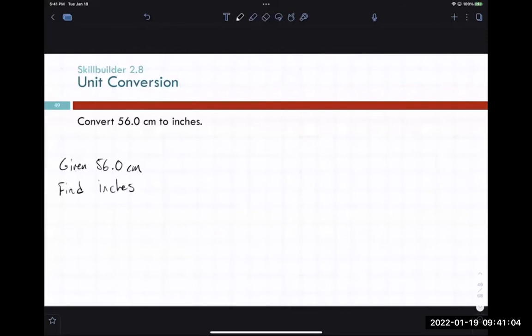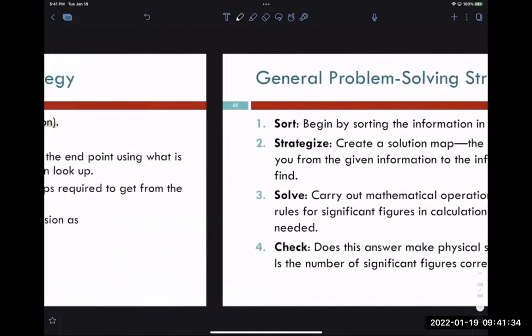inches. So our solution map, even though you could probably guess what this one's going to look like, start with centimeters. And we'll say, okay, well, we want to get to inches. And in this case, we know, because we've been doing a lot of centimeter to inch conversions, there's going to be one step in here. So this is where I would say, go back to that, let's see, I should have pulled it up.